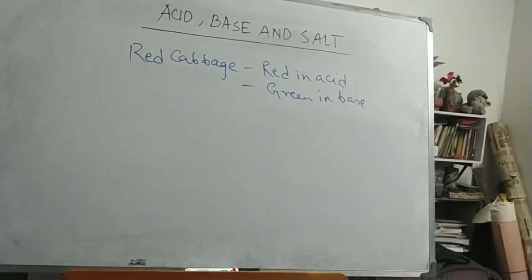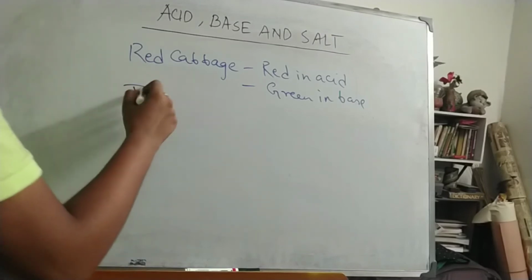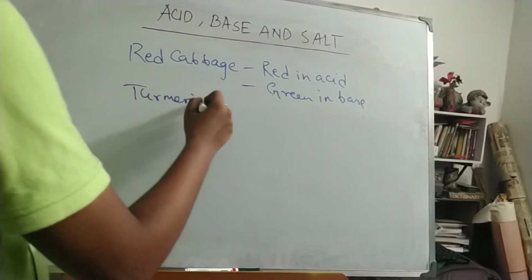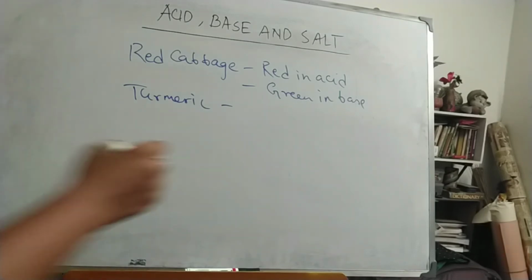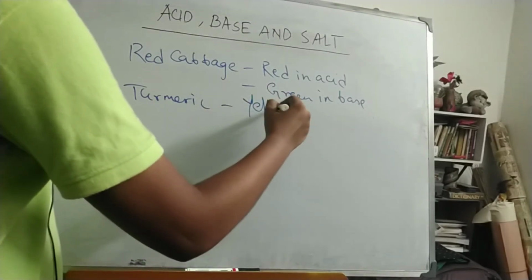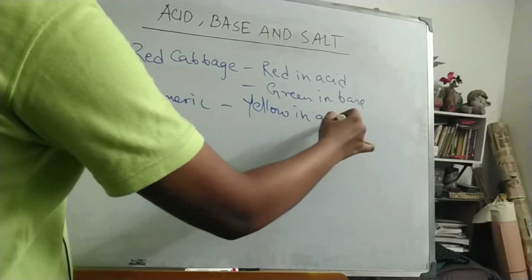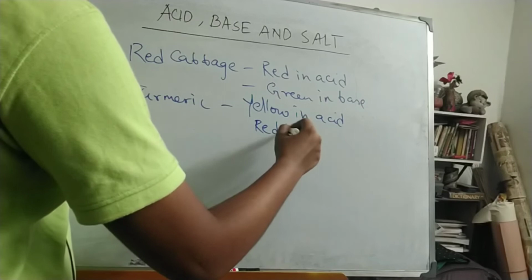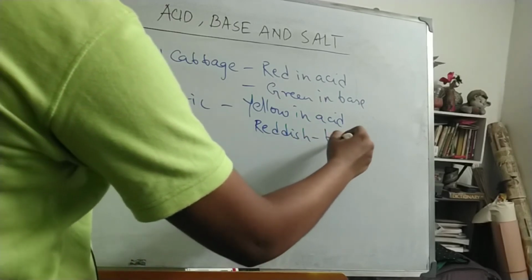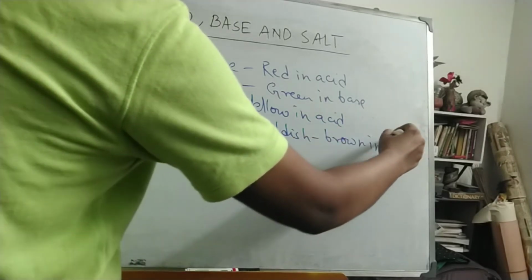Turmeric is yellow in acid and reddish brown in base.